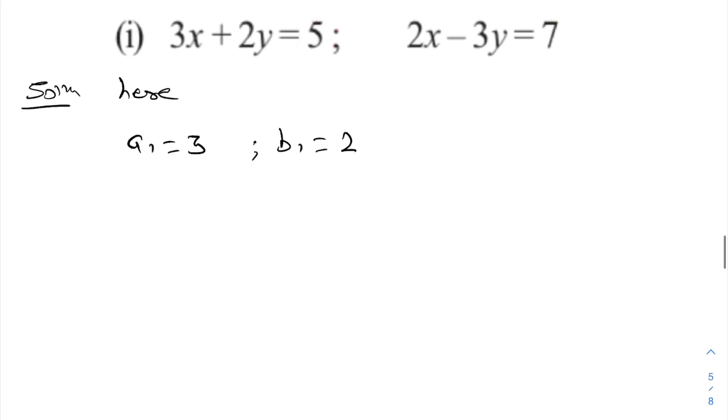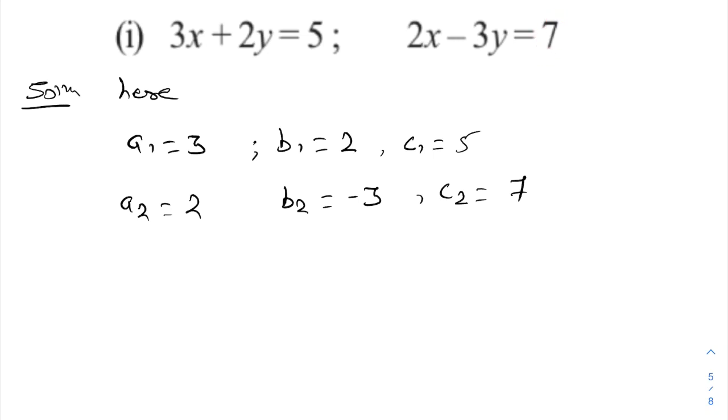So we have a1 equals 3, b1 equals 2, c1 equals 5. Similarly a2 equals 2, b2 equals minus 3, and c2 equals 7. Remember, again I am telling you that since 5 is the constant term present on the other side here, it is also on the other side here.